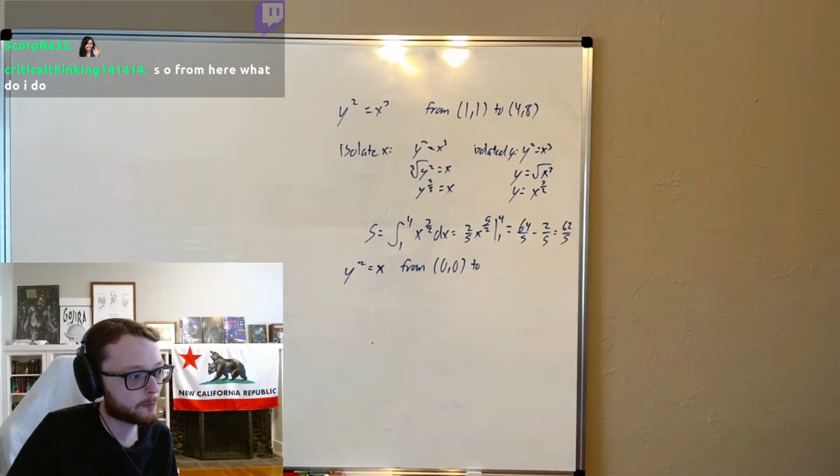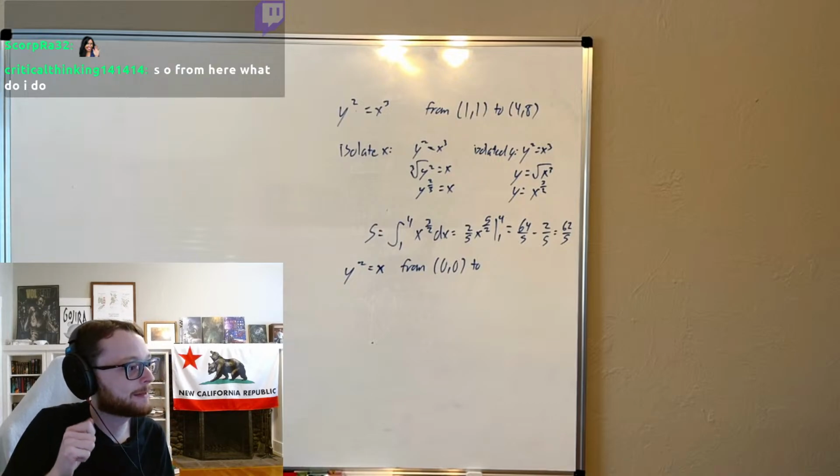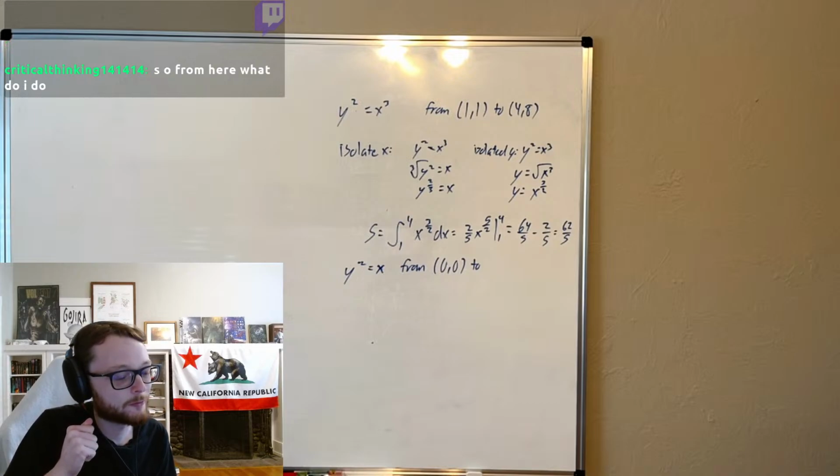Oh my god, I can't talk. Critical thinking, I need the second point. You said from 0 to 0, but I don't know what the second point is.